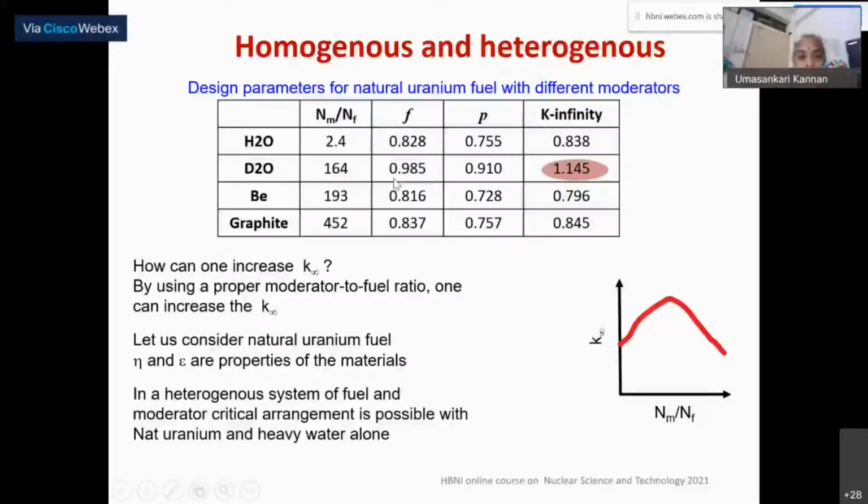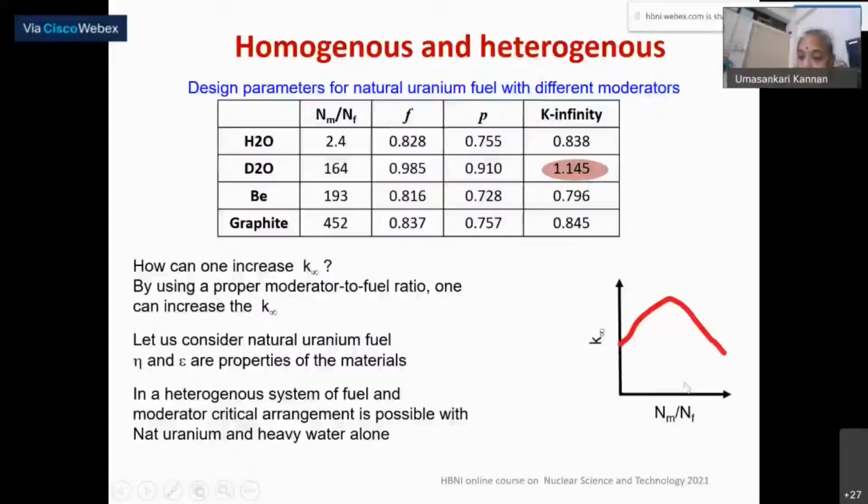Now I am giving you some design parameters, just to impress upon you why certain materials are required and why certain materials will not give a proper critical arrangement. I was always insisting upon the ratio of moderator to fuel. The fuel to moderator atoms we always consider. So here I have plotted a curve of K infinity versus moderator to fuel ratio, Nm by Nf.